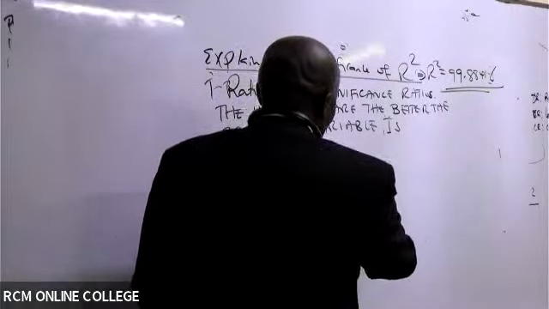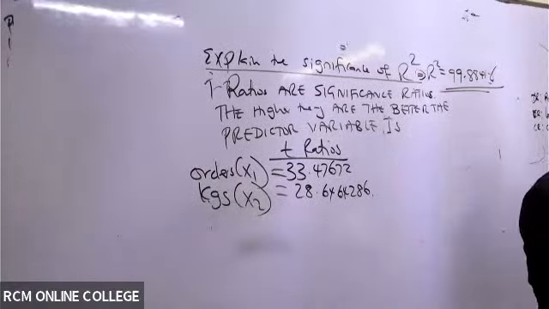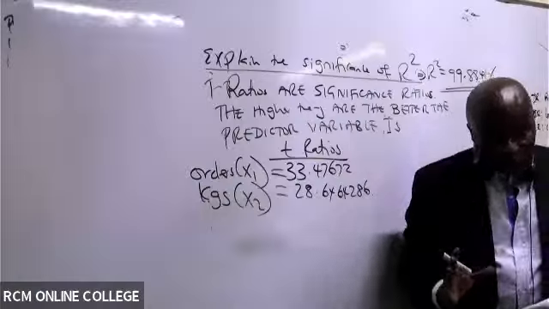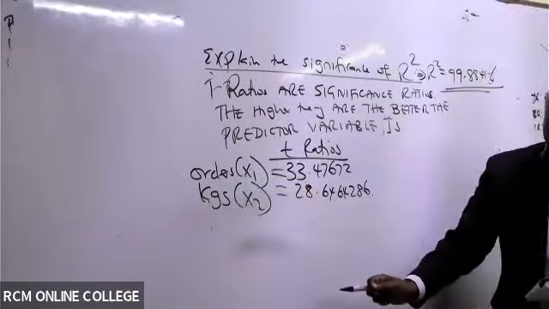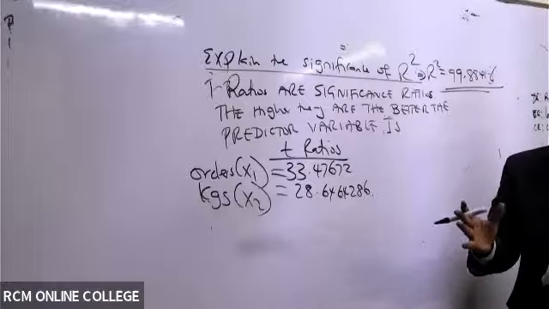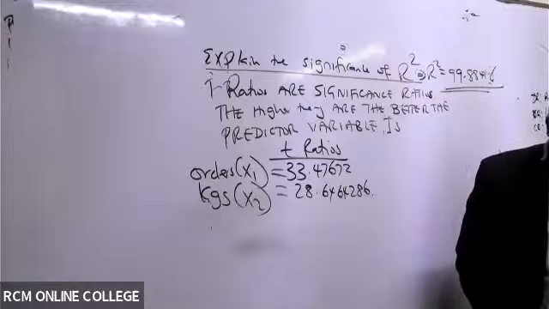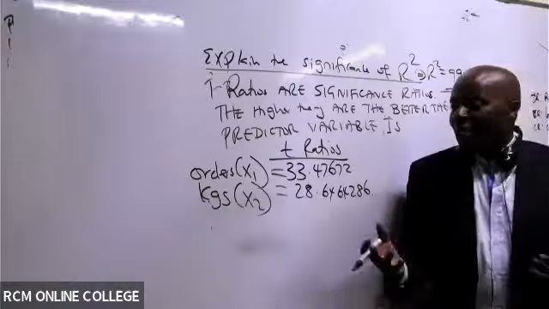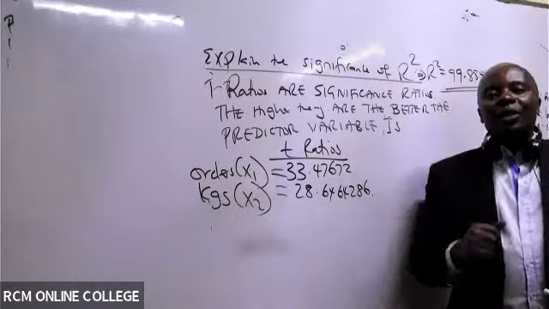Let's read the question again. Number 5. Based on the T ratio value, explain whether the number of orders or the number of kilograms is more significant in predicting the total material handling cost. Both of them are really significant, but which one has a higher significance level?